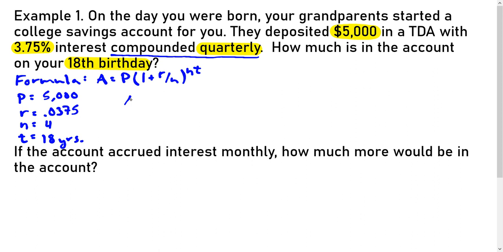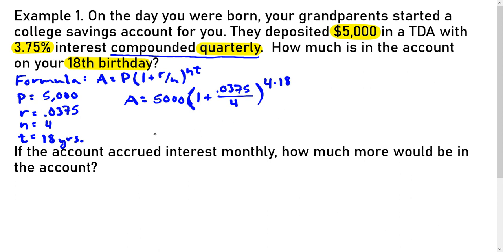So we have A equals P, which is 5,000, times (1 plus our interest rate, which was 0.0375, over n, which is 4 because it's quarterly), and we're going to raise that to the nt. So 4 times 18. Okay, this is plug and chug.